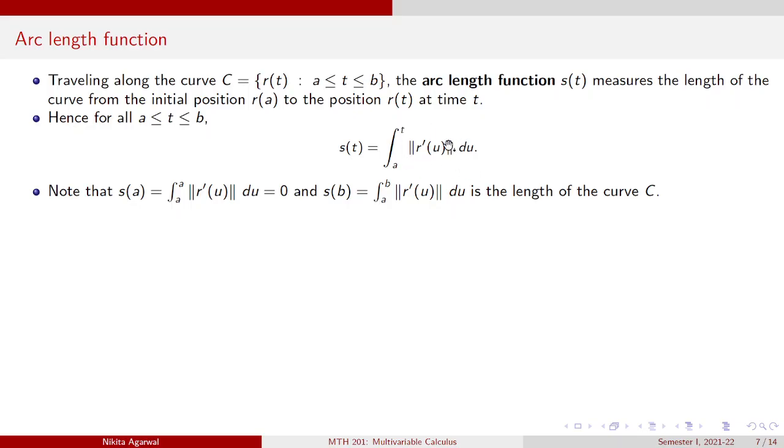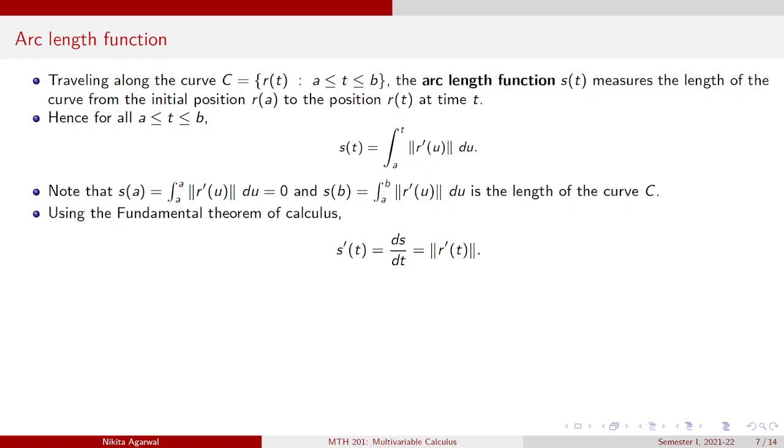Because you are integrating a positive function, right? So when you integrate a positive function, you should add more and more, right? And this also comes from geometry, right? Because if you're traveling along the curve, as time progresses, you're traveling more, right?